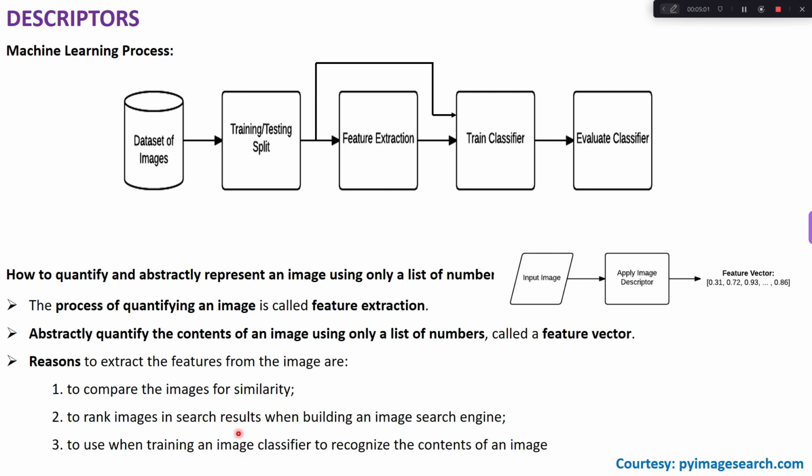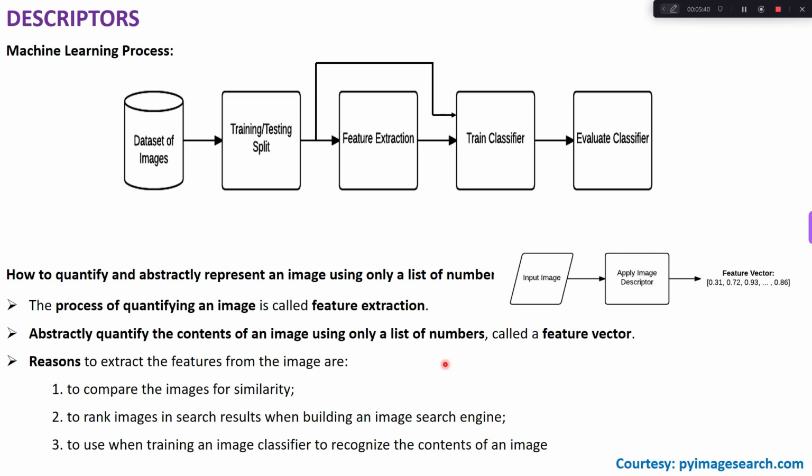If I want to build a search engine, I want to see how the query data is similar to the data available in the database, and then I can rank which is the best match, the second best match, the third best match, and so on. So we can rank the data in the data set according to the query image. And also we can use it for training our image classifier and to recognize the content in an image.